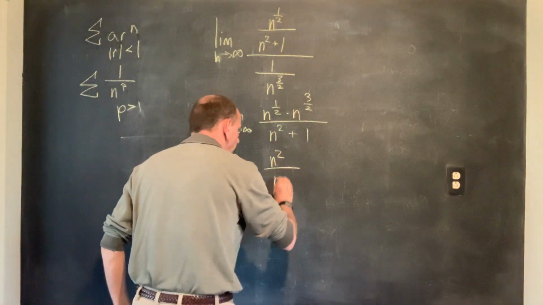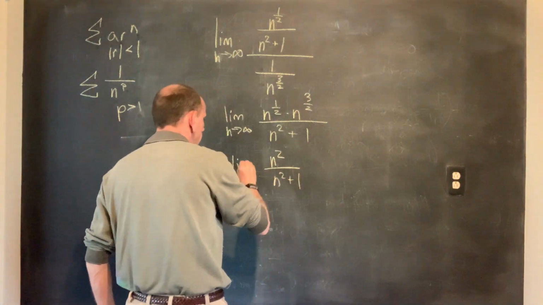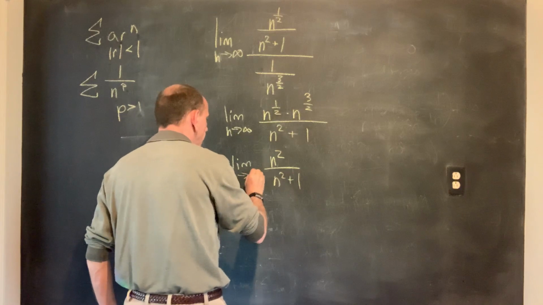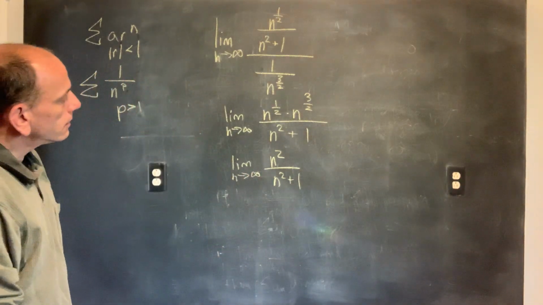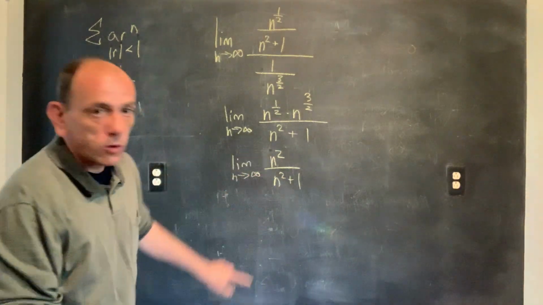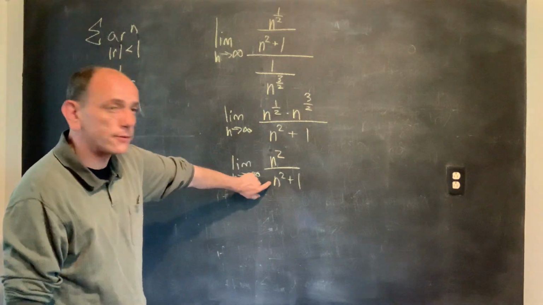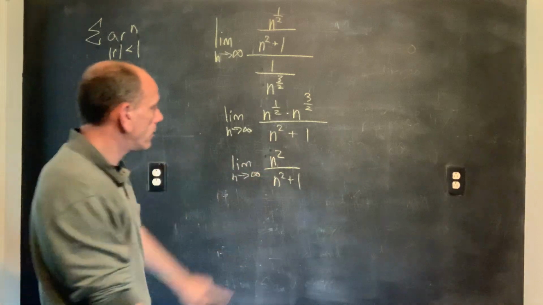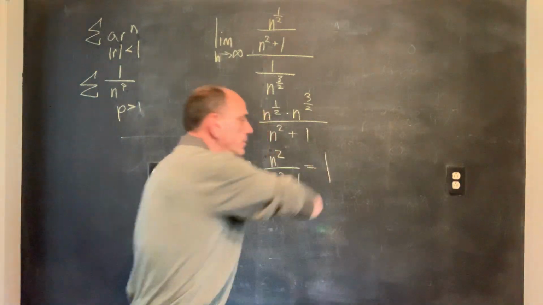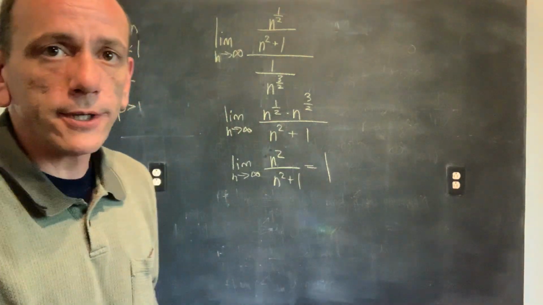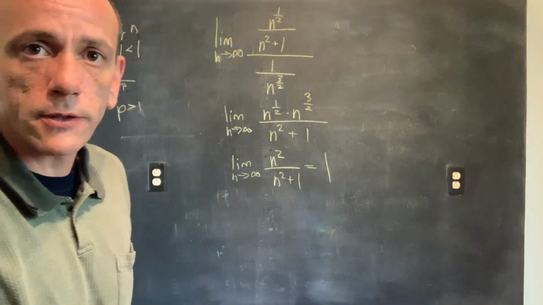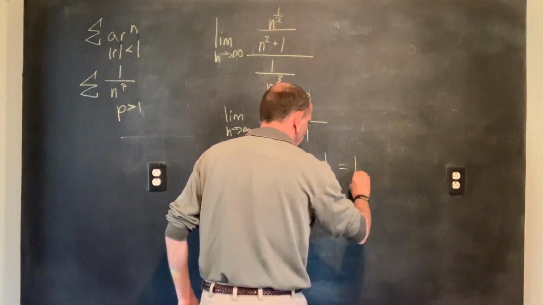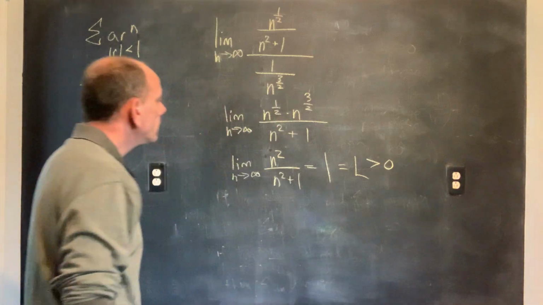N squared over n squared plus 1, limit as n goes to infinity. Well, this goes to infinity at the same rate as this goes to 0, so they cancel each other out. It's just the ratio of the leading coefficients. It goes to 1. That's someplace finite, greater than 0. This is some L that's bigger than 0.